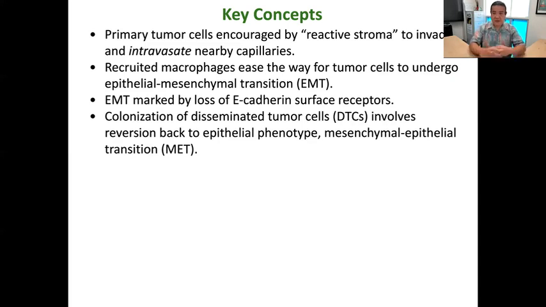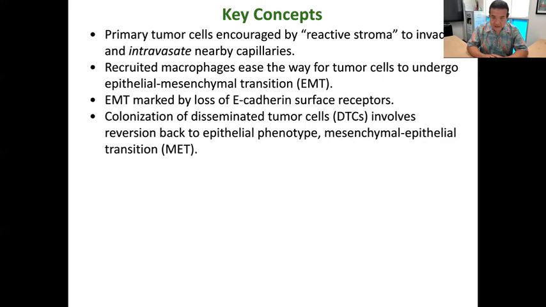We also learned that for the disseminated tumor cells, or DTCs, that have been scattered all throughout the body, stuck in various tissues and organs, to go beyond just dividing a couple times and forming little micrometastases in those new locations, if they are to become large secondary tumors, they have to revert back to their epithelial state.